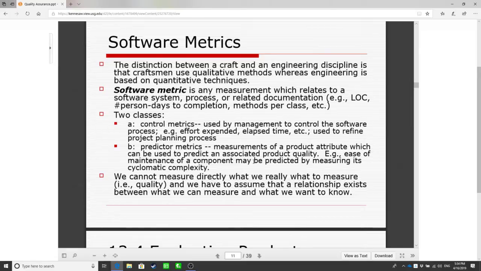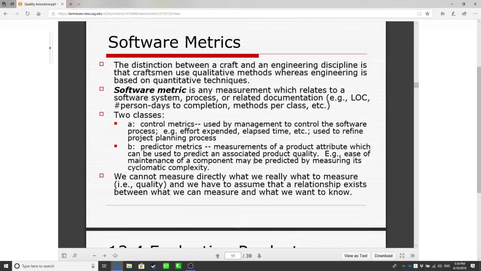Control metrics are used by the management to control the software process, like the effort expended or elapsed time, or used to refine the project planning process. So it measures what we currently have.